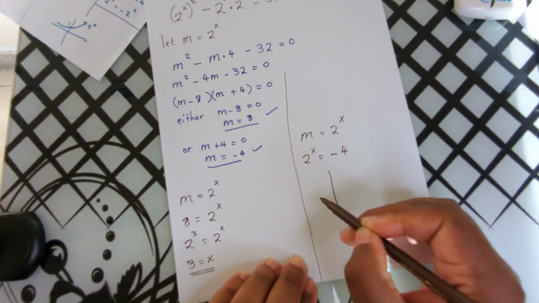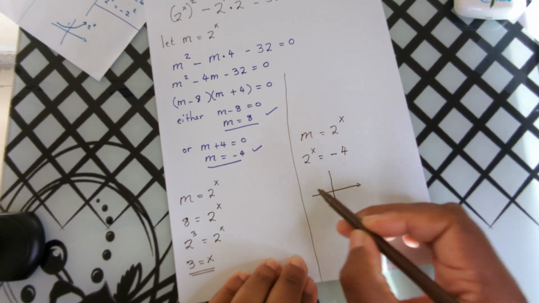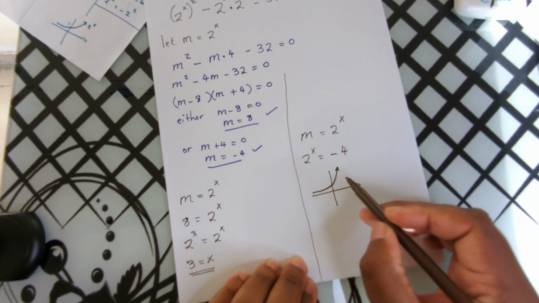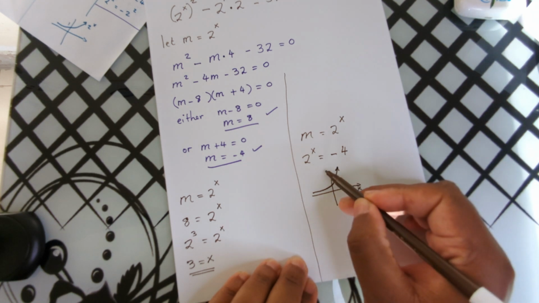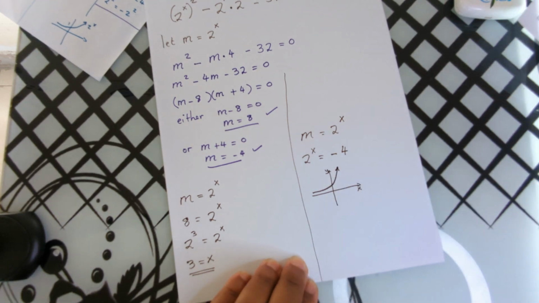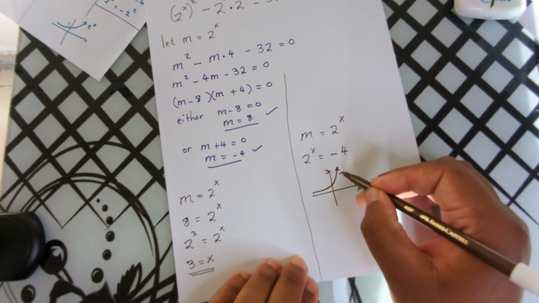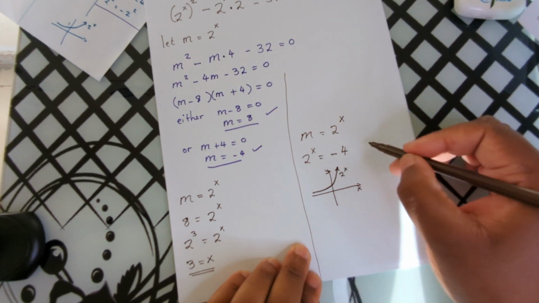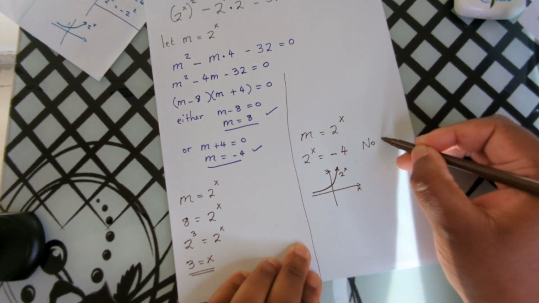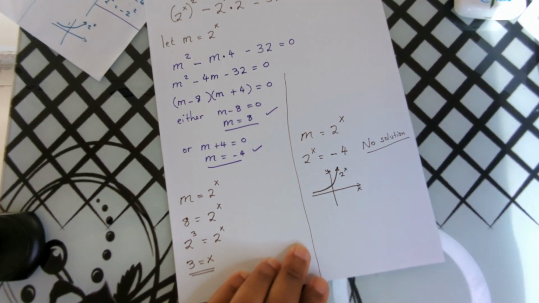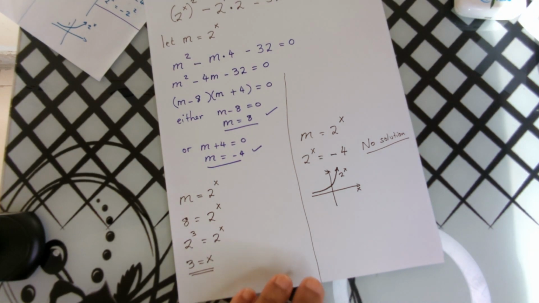Because the graph of 2 to the power x is increasing something like this, and the graph is always above the x-axis. So this graph will never be negative. So this is the graph for 2 to the power x. So this value of m does not give us a solution. So there's no solution when m is -4.